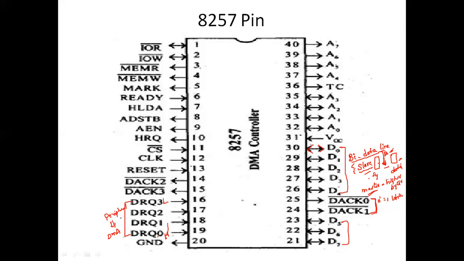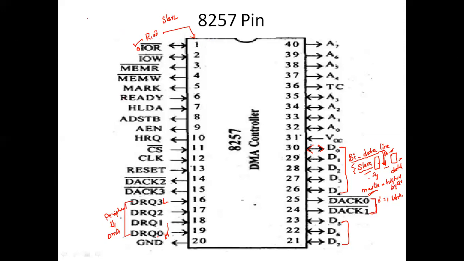Next one is IO read and IO write. First, IO read. This is the input output read operation. This is also an active low pin. It is an active low bidirectional tri-state input. It helps in reading the internal registers of the 8257 by the CPU in slave mode.